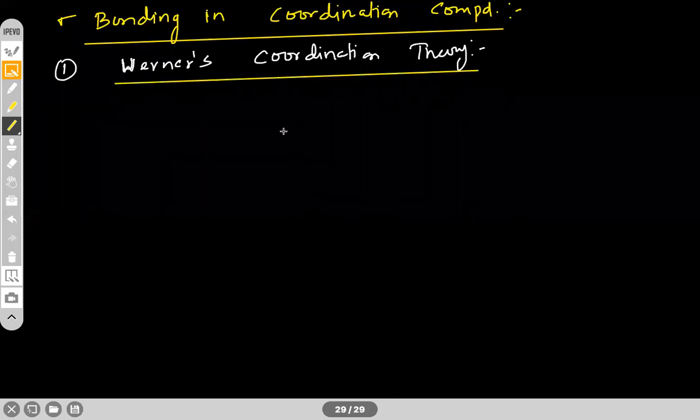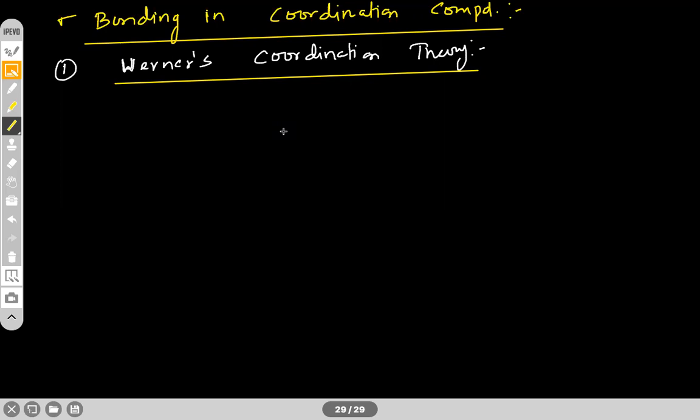Okay, write down into this. It explains the property and structure of various coordination compounds.